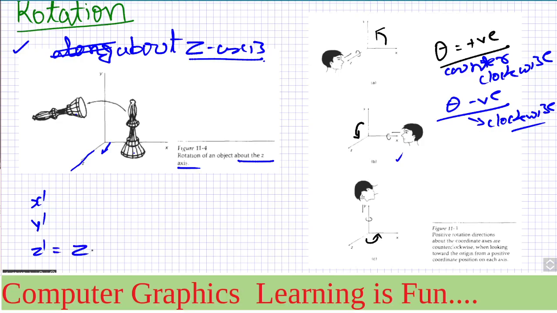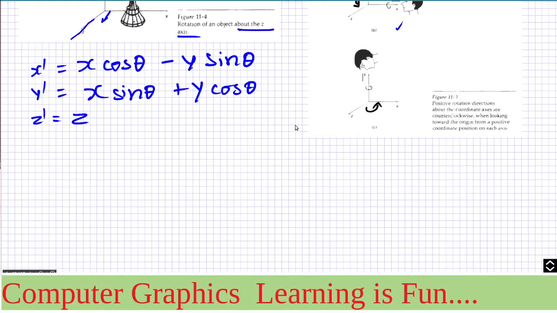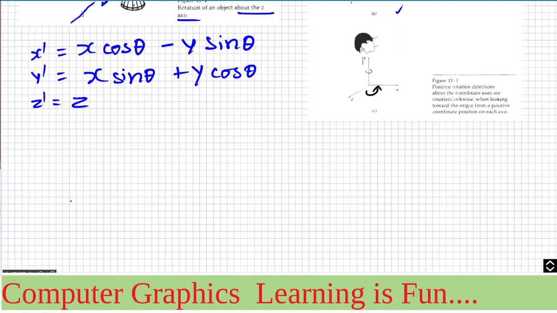Only the values of x dash and y dash change. So x dash will be x cos theta minus y sin theta, and y dash will be x sin theta plus y cos theta.